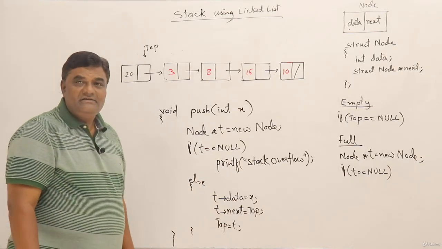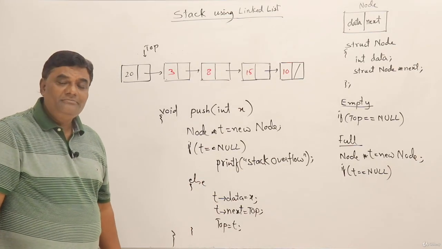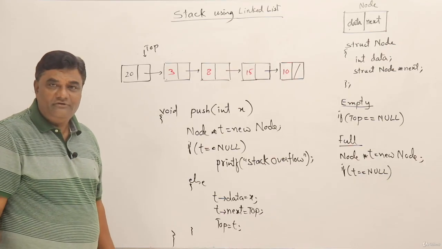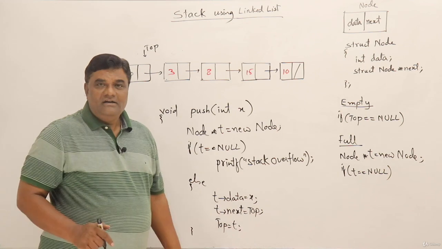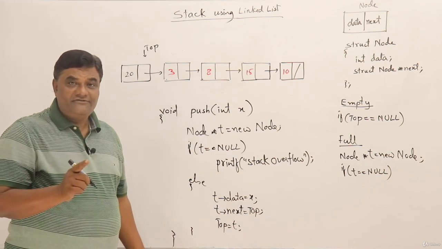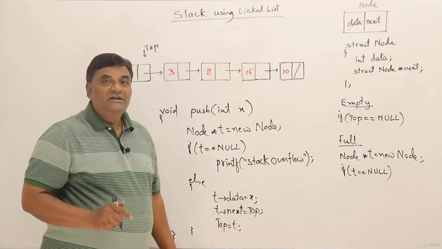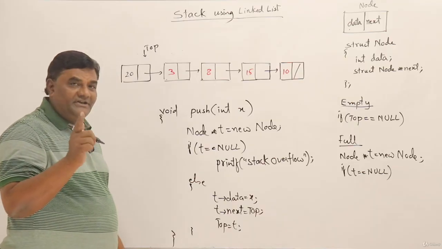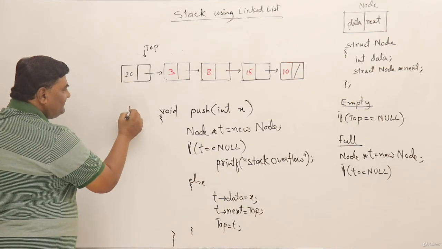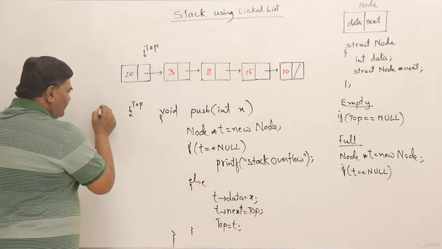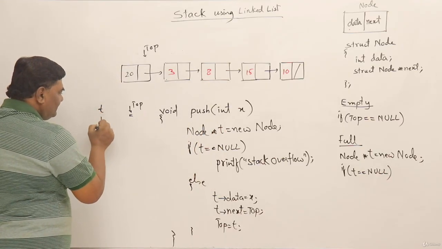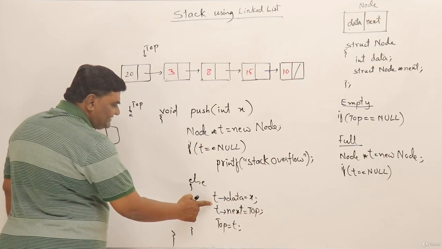These are simple steps, inserting a new node before the head node or before the first node. The same procedure we have followed, and the time taken is constant because the steps are simple. And this function works even if you are inserting the first node. Let us check it. If you are inserting the very first node, at that time top pointer will be null. Suppose the node is created, this is not null, so we come into the else part.